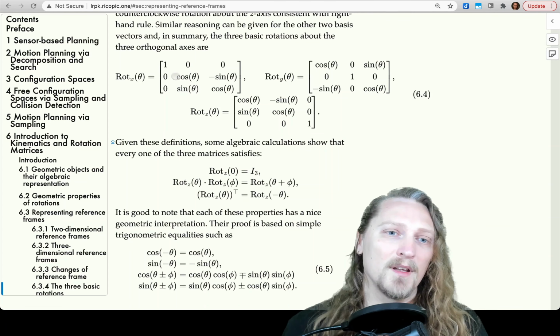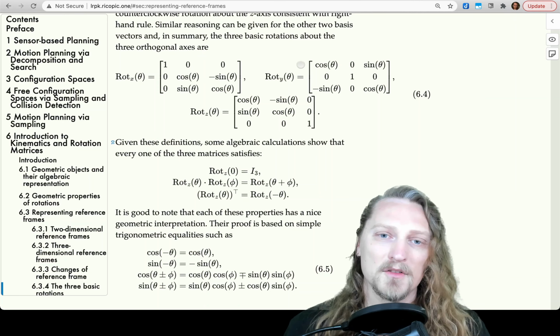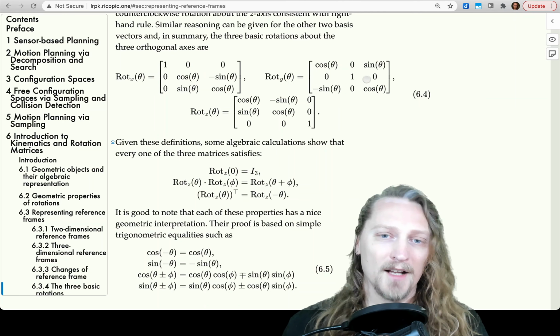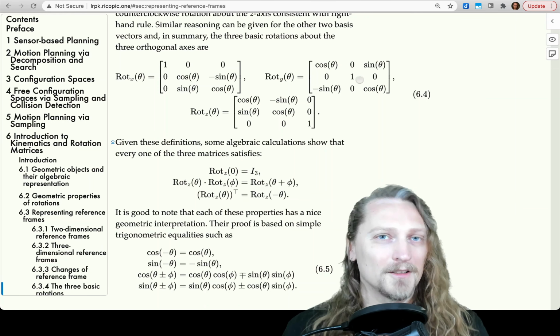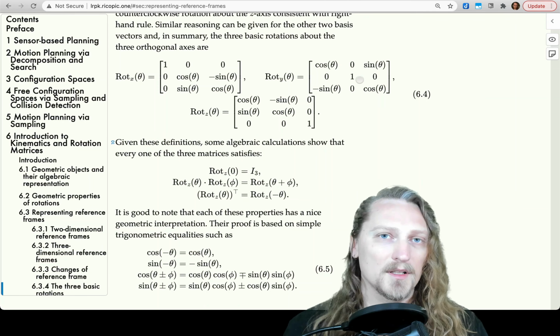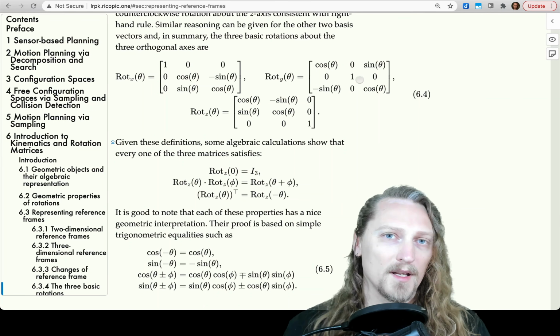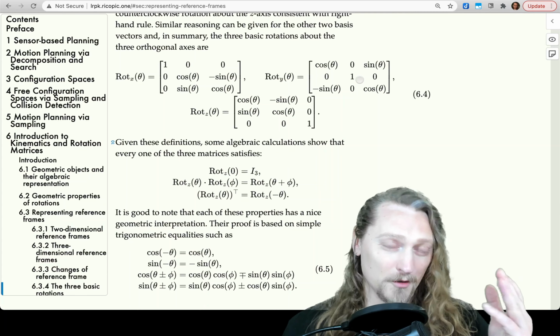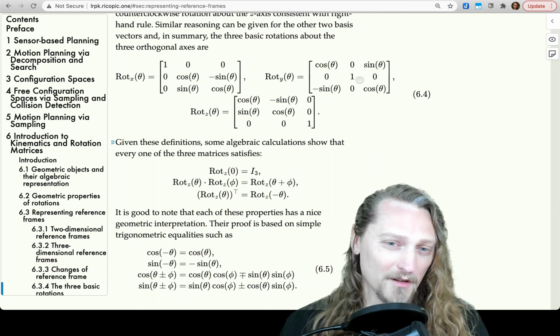It is the same for each of these other matrices as well. Cosine shows up on the diagonal, sine shows up in the off-diagonal, and therefore we get the identity matrix back whenever we rotate 0 degrees, which makes sense, right? If you're going to rotate something 0 degrees, you're not doing anything to it.